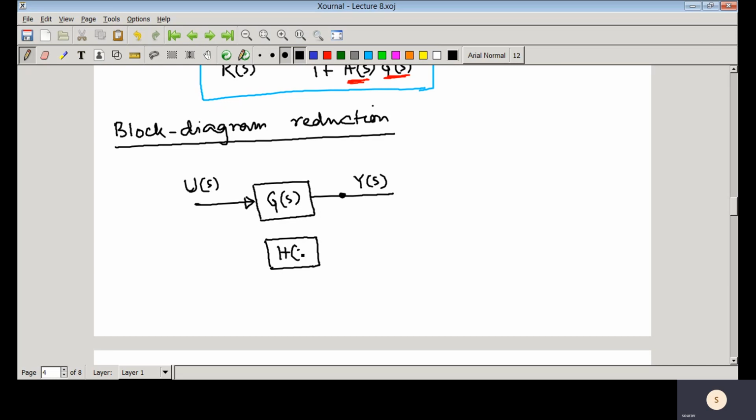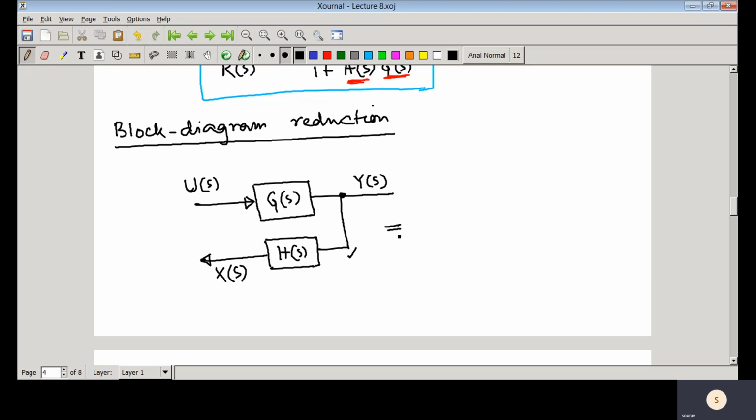So you have that H(s), you have that branching point from this particular point. So this is a part of your block diagram. Here you have the signal Y(s), you have tapped it, this is called the branching point.